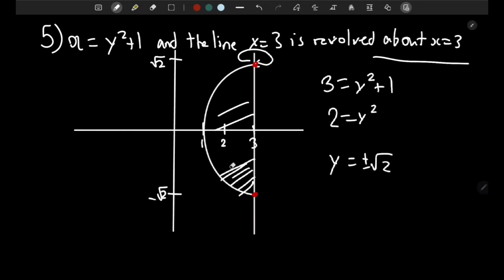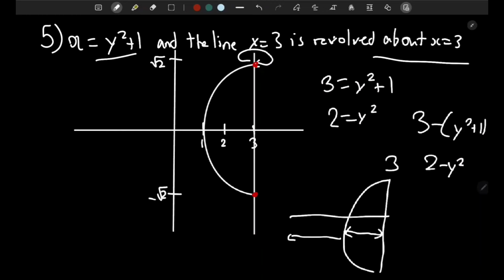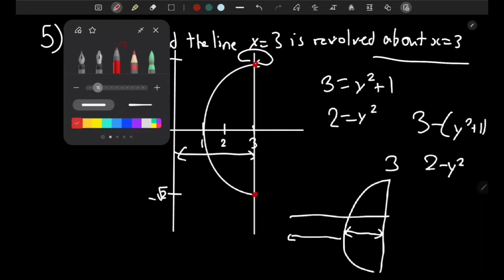Now the next thing that we need to find is the radius, and the radius is from the line x is equal to 3 to the curve, right? We know that the entire distance from here to here is 3. We know that the line, which is y squared plus 1, is this curve, and we want to find the radius, which is this part.